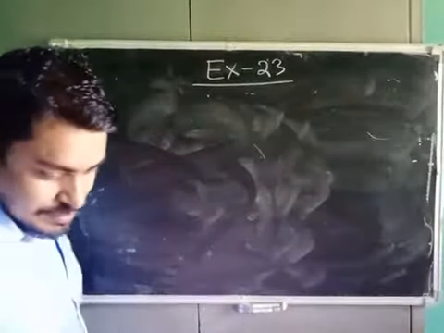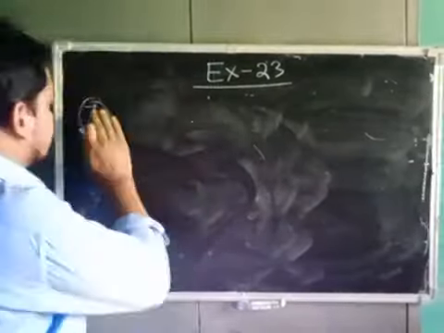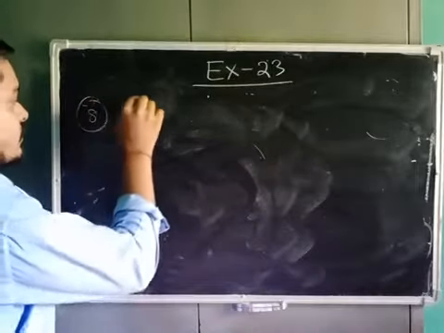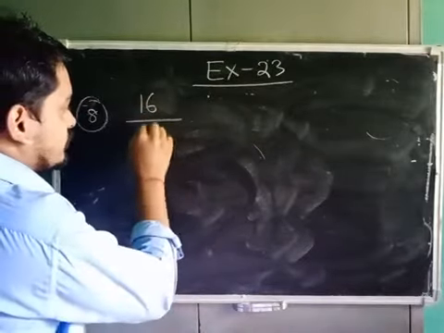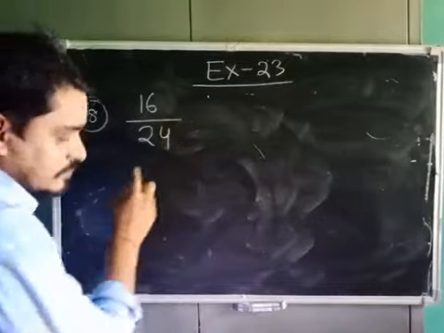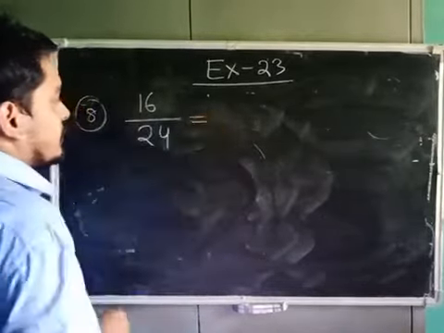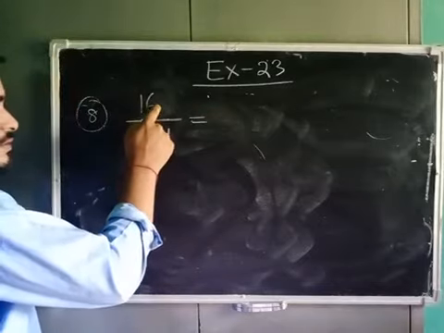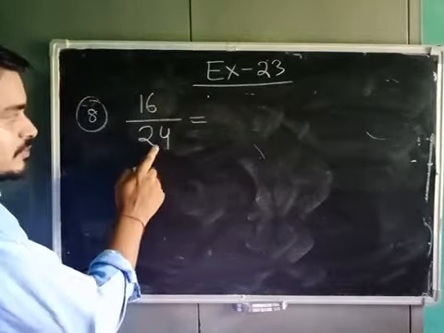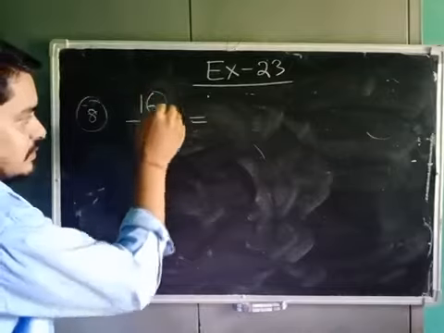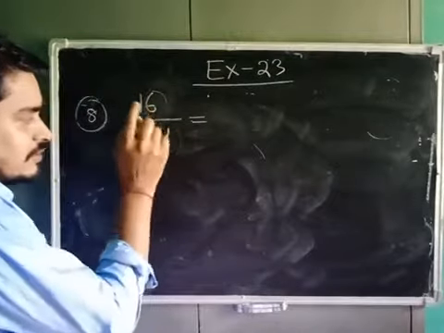Another one, if we take 16 by 24, question number 8, 16 by 24. What we can do is divide this number by 2 and this number by 2, because in the last place we have 6 and 4.